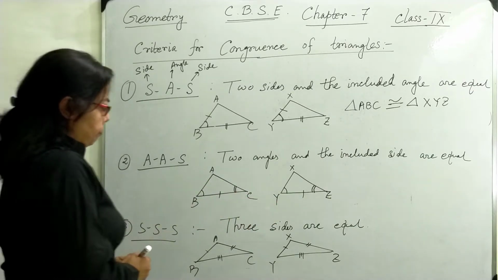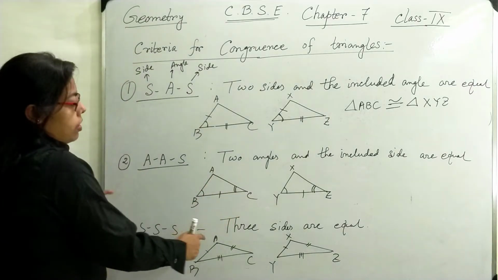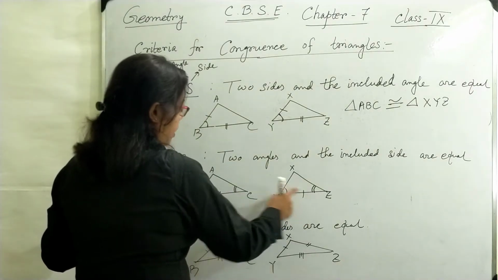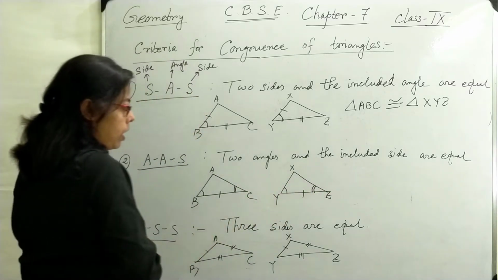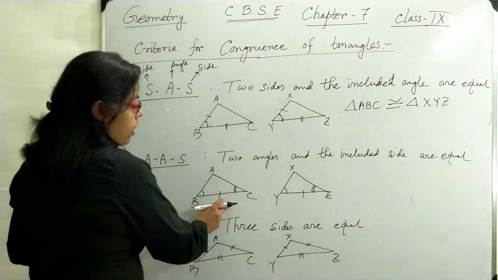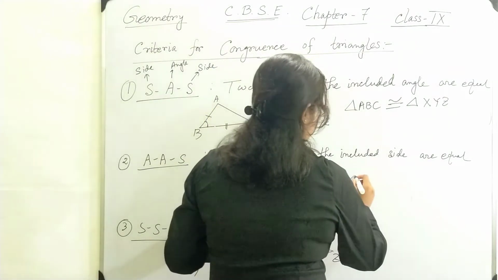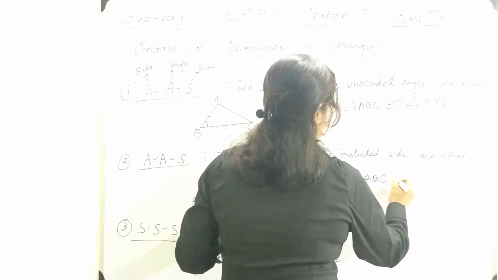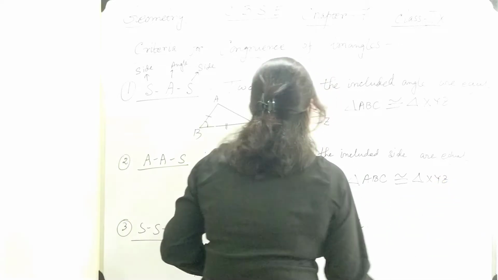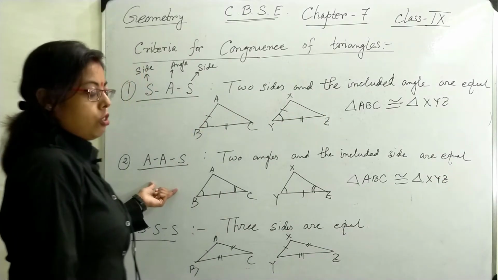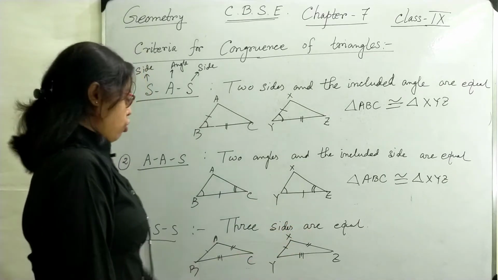See here, suppose angle ABC and angle XYZ are equal, angle ACB and angle XZY are equal, and the included side BC equals YZ. Then we can say that triangle ABC is congruent to triangle XYZ. This is the second property to prove whether the triangles are congruent in nature or not.